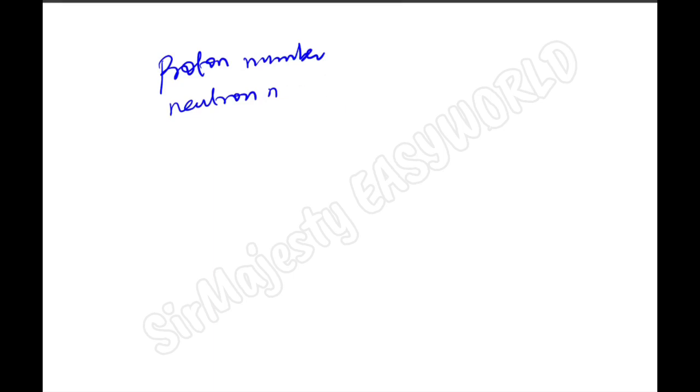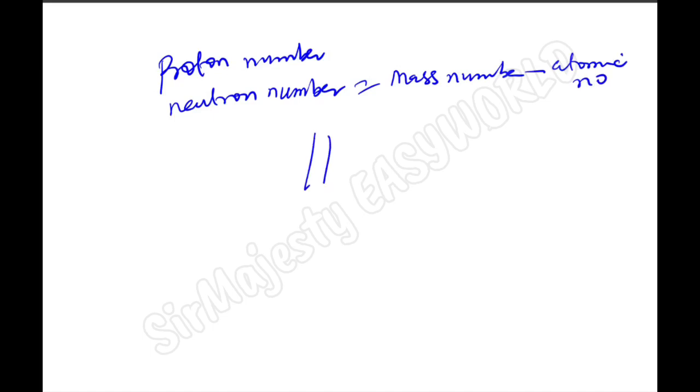So neutron number should be equal to, you subtract proton number from mass number, that's mass number minus atomic number. So when we have this element H11, we discover that the number of neutron is equal to 1 minus 1, which is 0.